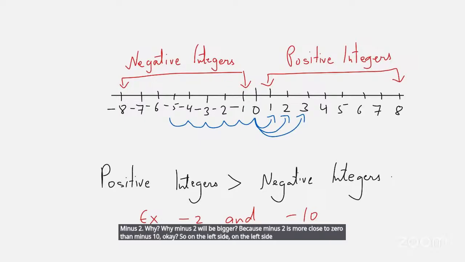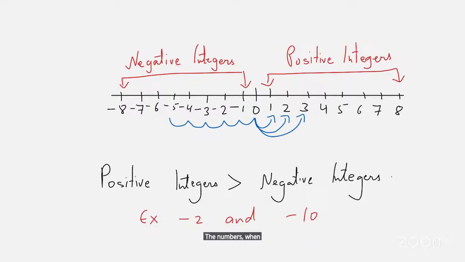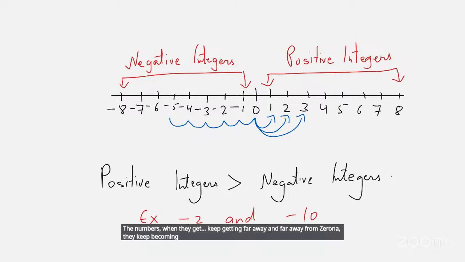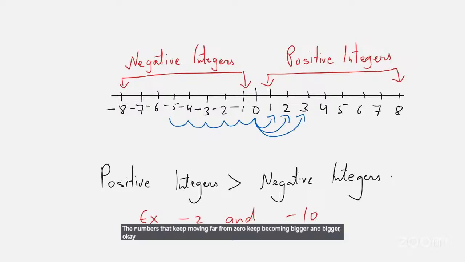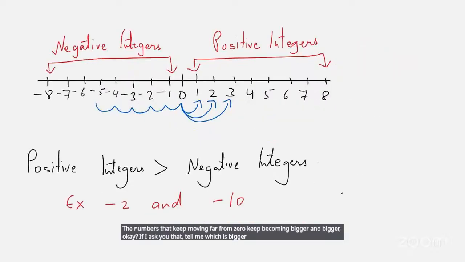So on the left side, that is the negative side, what is the rule? The rule is that when numbers keep getting farther away from 0, they keep becoming smaller and smaller. What is the rule on the positive side? The numbers that keep moving far from 0 keep becoming bigger and bigger. If I ask which is bigger, 2 or 10, you will say 10.